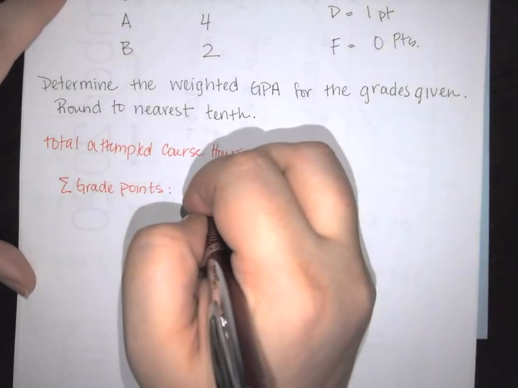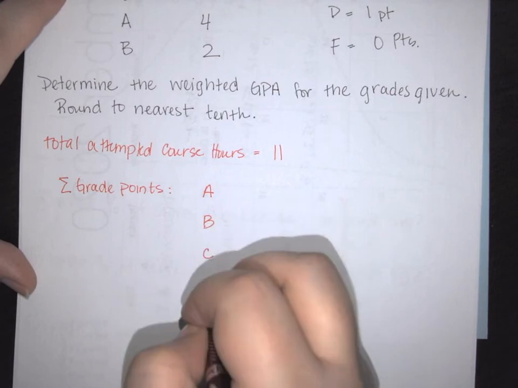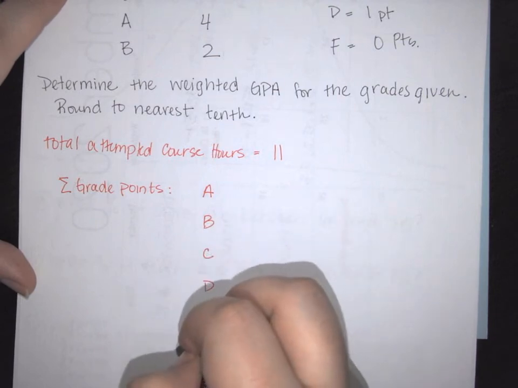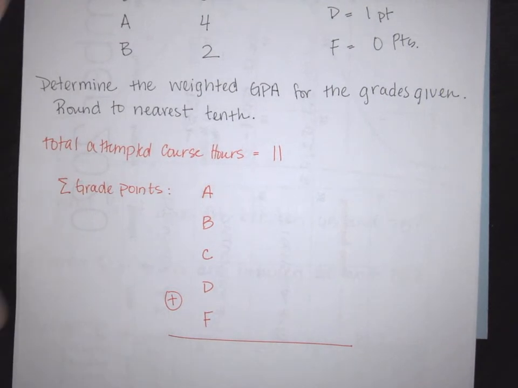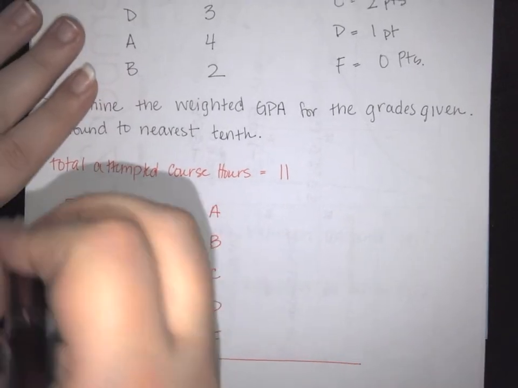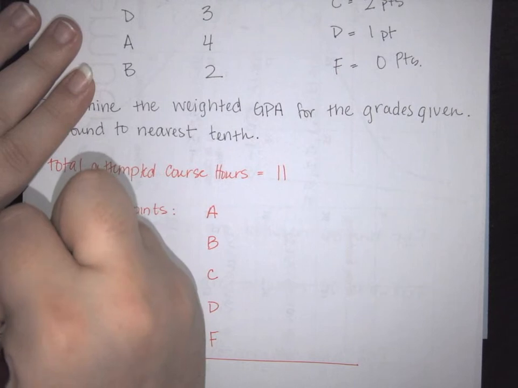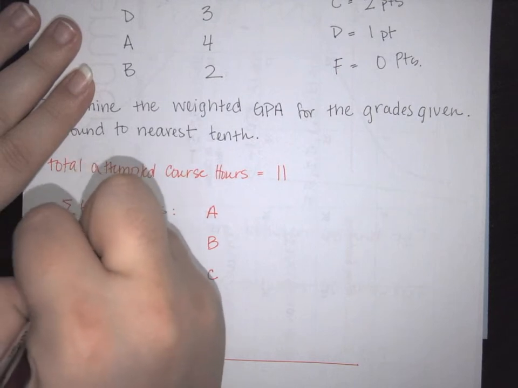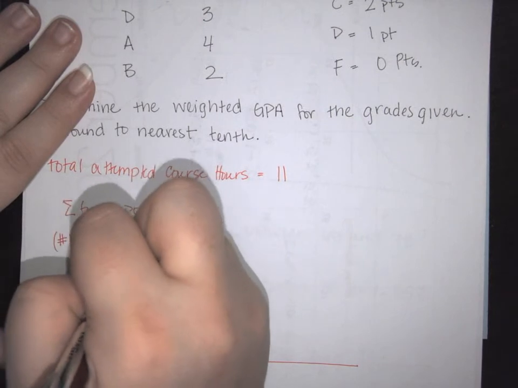So here I know in general we have A, B, C, D, and F. And I'm going to find my sum of those. To sum the grade points, you are going to take the number of hours and multiply that by the points.